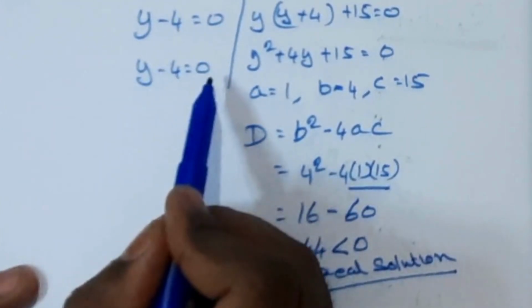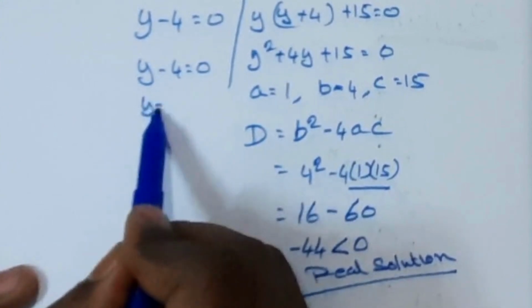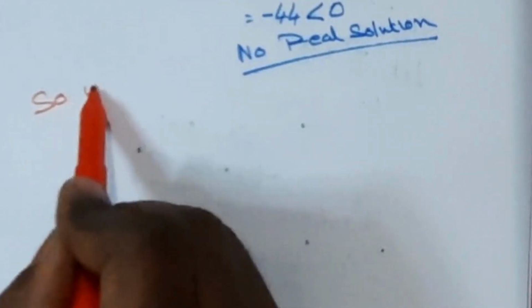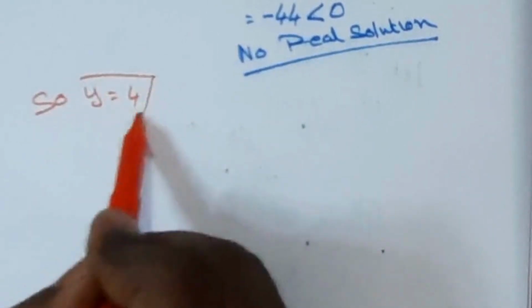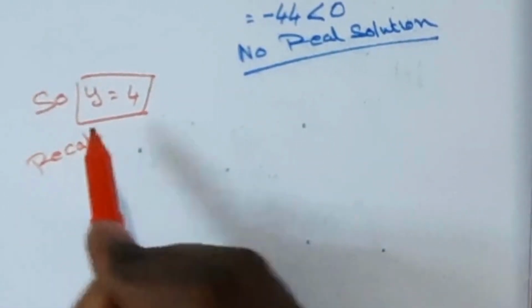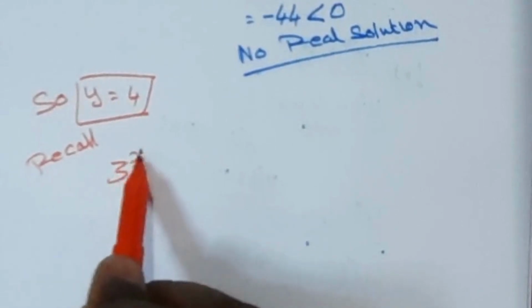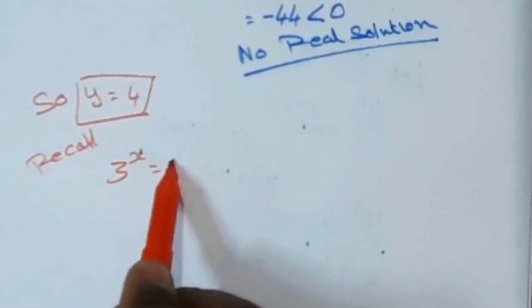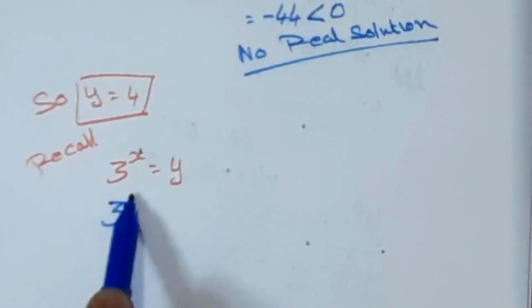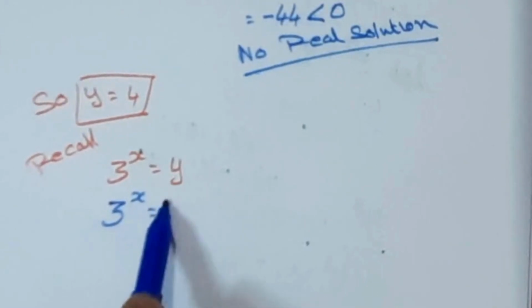So we are going to consider y minus 4 equal to 0. So y equal to 4. We are going to take this y equal to 4. Recall 3 to the power of x equal to y. Now 3 to the power of x equal to 4.